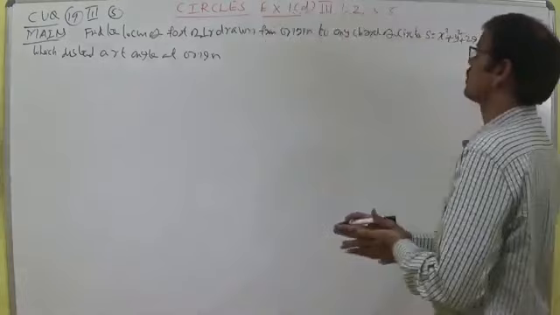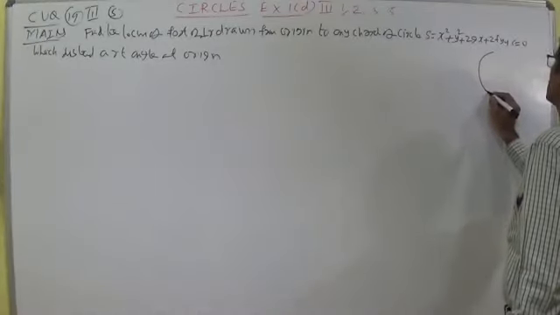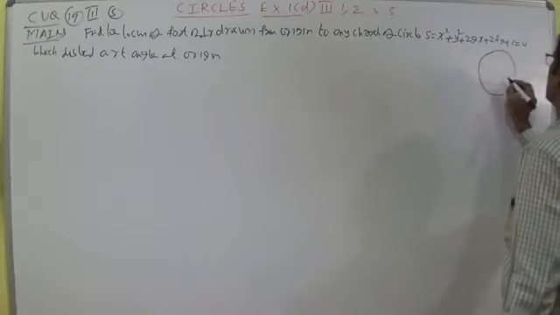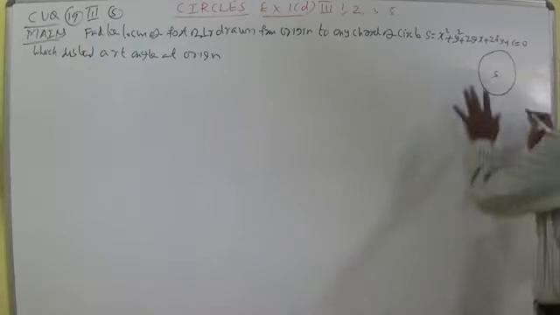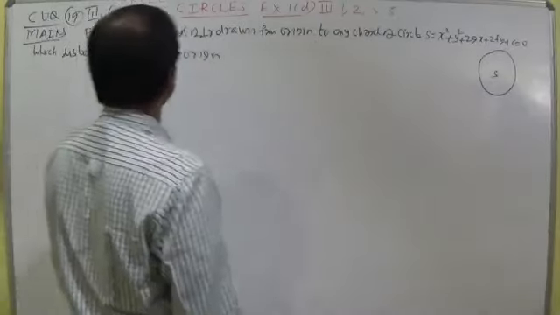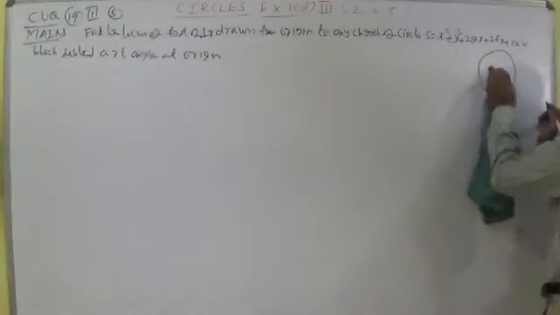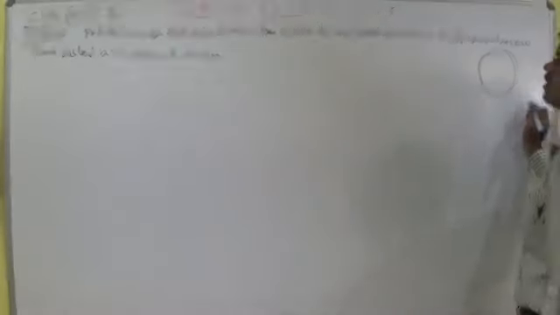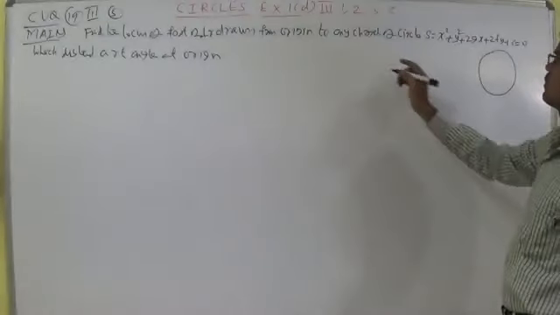Find the locus of foot of perpendicular from origin to the circle. This is a general circle. S is a general circle. For the general circle, find the locus of foot of perpendicular. For the foot of perpendicular, you should draw it. Locus of foot of perpendicular from origin.